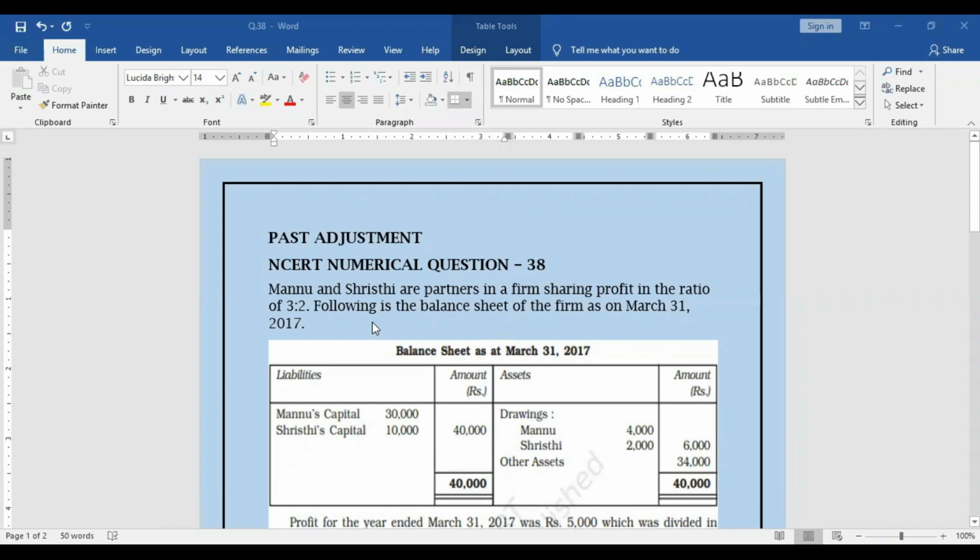The question is furnished in detail here. Manu and Srishti are partners in the firm, sharing profit in the ratio of 3:2. Following is the balance sheet of the firm as on 31st March 2017.